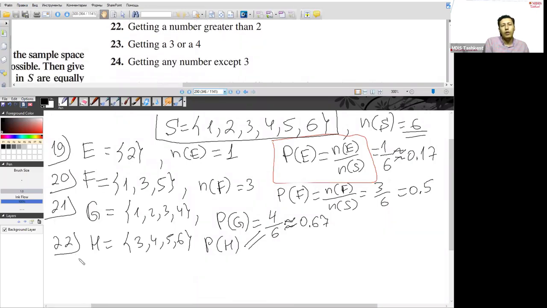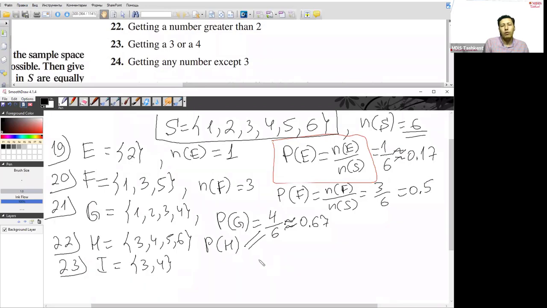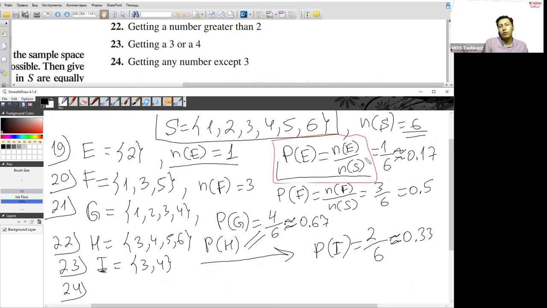2 more. 23. Getting 3 or 4. So I is about getting 3 or 4. So P(I), how many elements here? 2 elements out of 6. 24. Okay, or if you want, you can write the number of elements first, then write down the formula, then substitute.